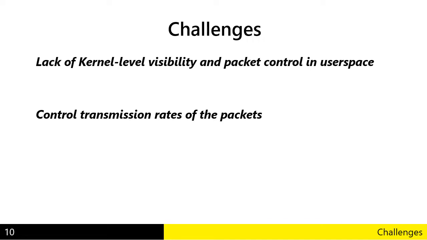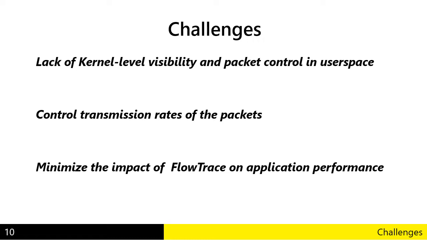FlowTrace wants to construct the measurement traffic and send it at a certain rate, so we want to be able to control the transmission rates of the packets. And lastly, and I'll discuss this in a bit more detail later, FlowTrace may end up storing packets in memory, potentially causing some delays in the packets' transmission, which can lead to an impact on application performance. We want to minimize the impact on application performance as well.